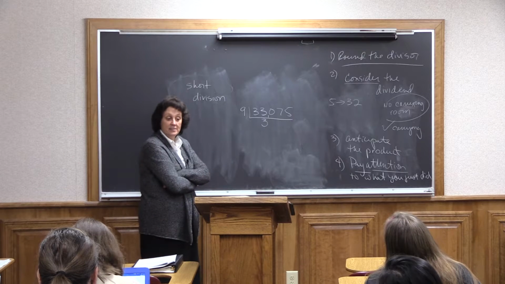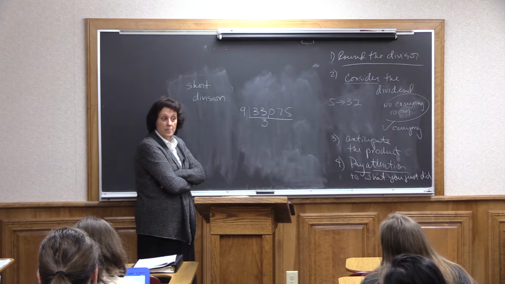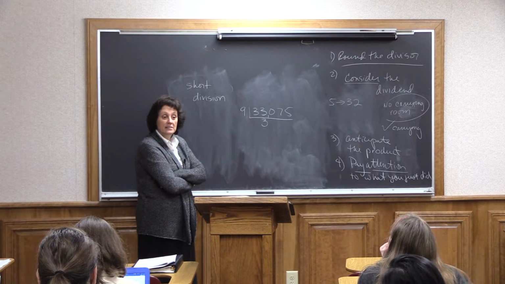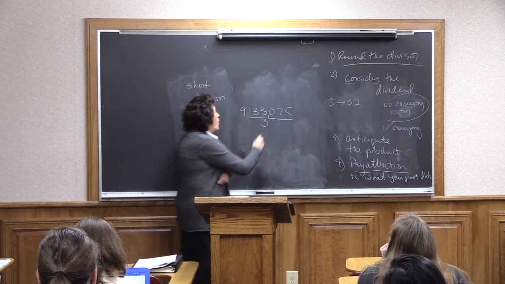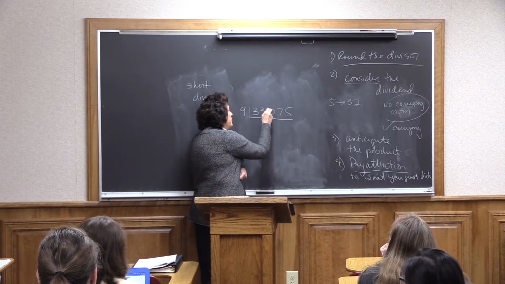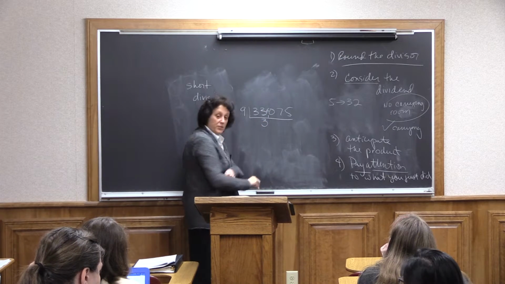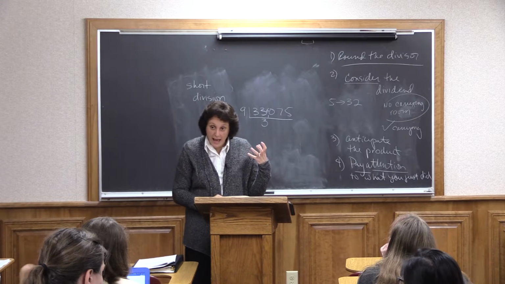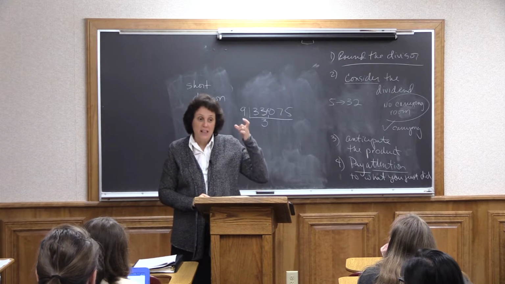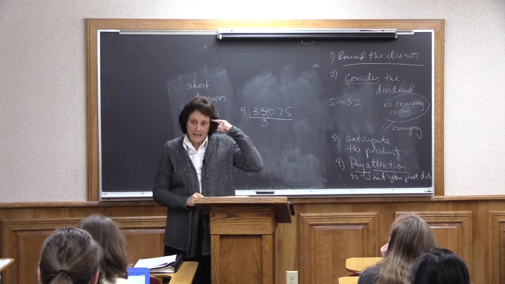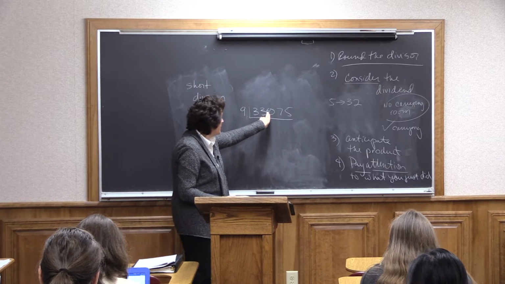What's left? 33 minus 27 is 6. So then I put my 6 here because 6 is the remainder. So this involves mental math. I do the 33 minus 27 in my mind. I get 6 and I put it here.